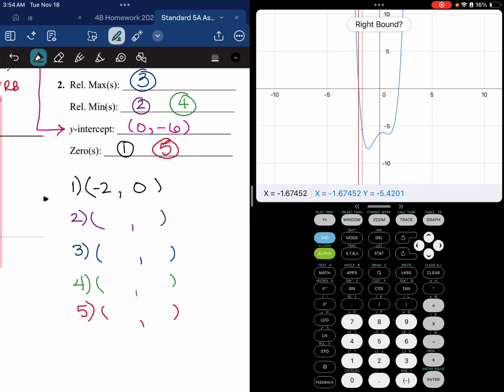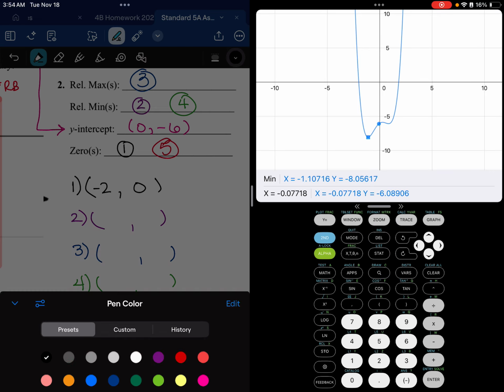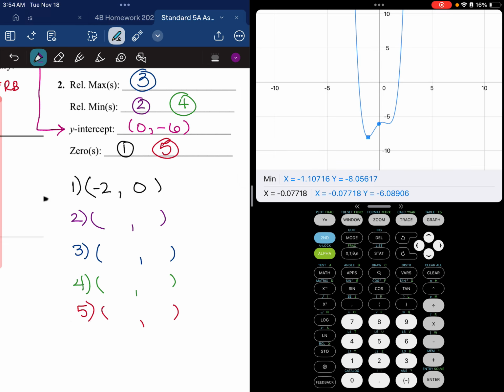Then I go through my minimum to roughly my max, hit enter, and hit enter on guess, and I'm going to round to 2 decimal places. So it is -1.11 and -8.06.